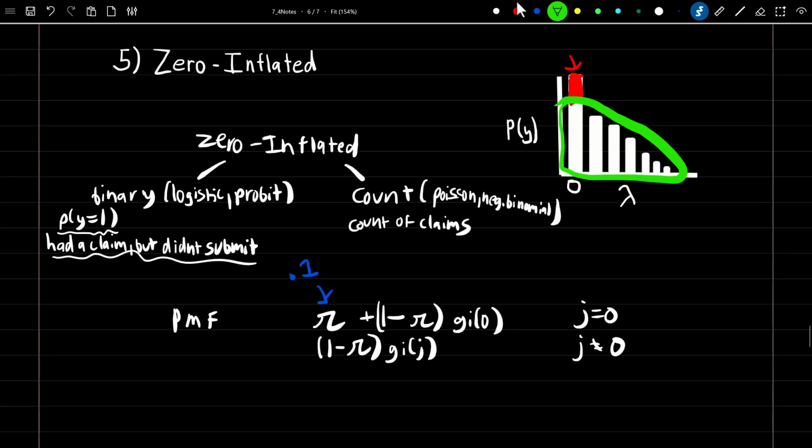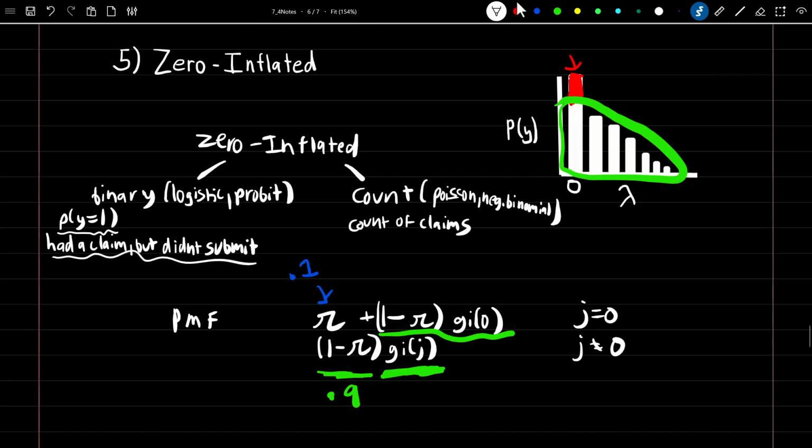So evaluated at 0 times 0.9 would just be this value right here. And then for the rest, so let's say counts equal to 1, 2, 3, 4, 5, it's just going to be whatever the probability of that is from our count distribution, and then times our remaining population, which is just going to be 0.9.